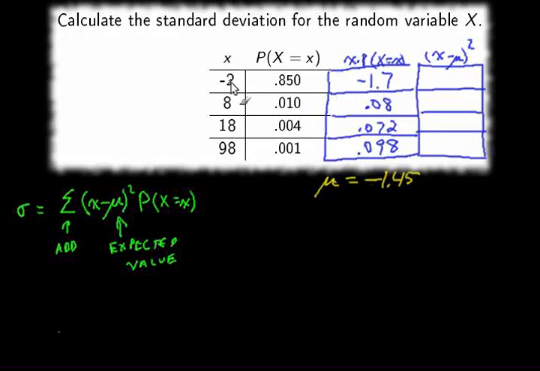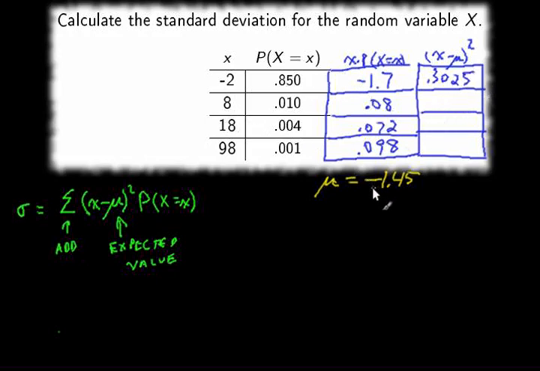X minus mu is negative 2 minus negative 1.45, or in other words, negative 2 plus 1.45, squared, 0.3025.